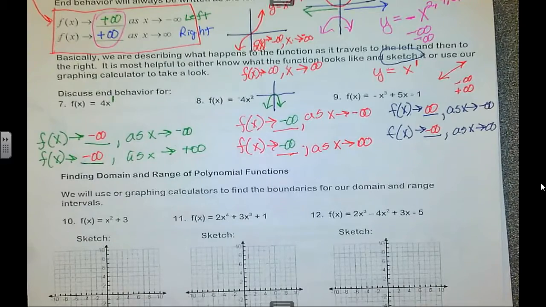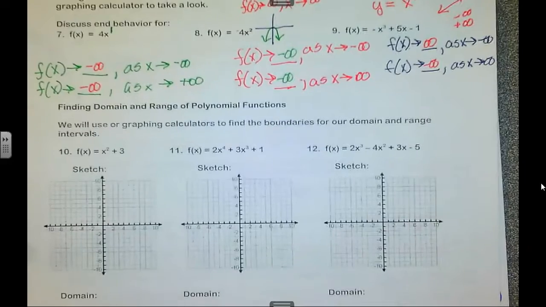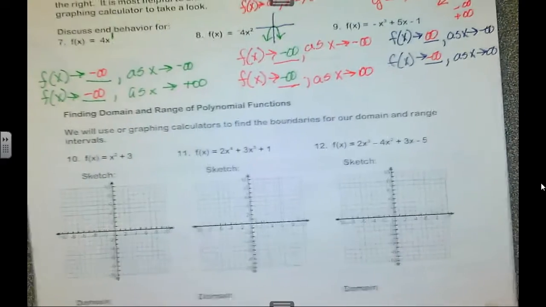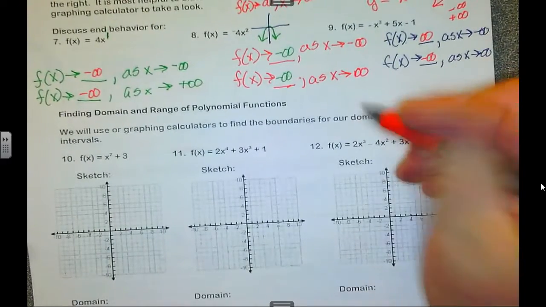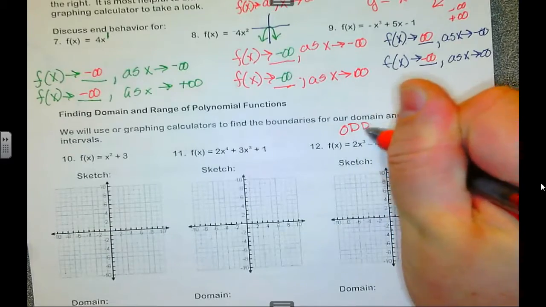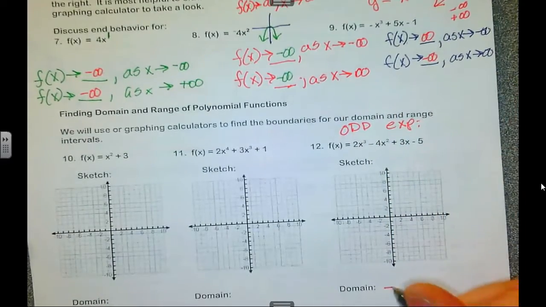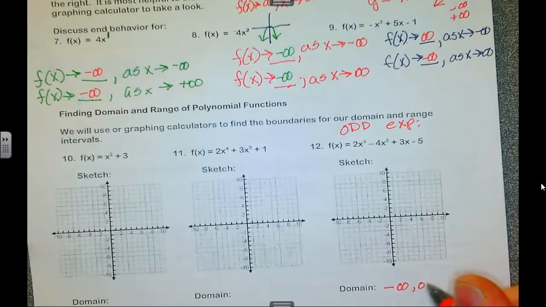All right, domain and range. Again, you can put it in your calculators and figure out what the domains are. Let's make it easy. If I have an odd exponent, my domain is going to be negative infinity to positive infinity. My range is going to be negative infinity to positive infinity.